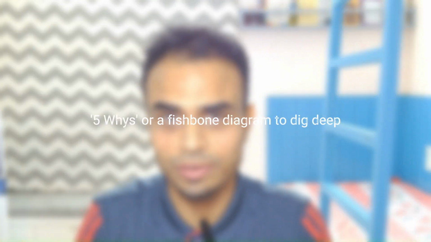With 5 whys, we describe why this happened, then why that happened, and so on. We have to dig down to 5 levels, and this way we will be able to identify the actual cause of the incident.